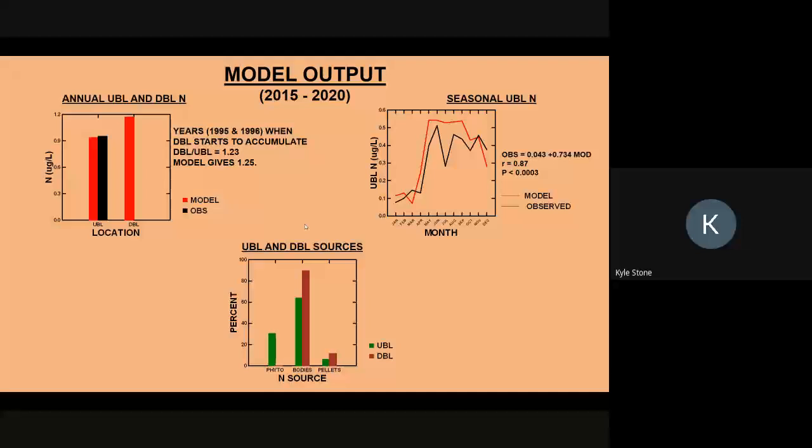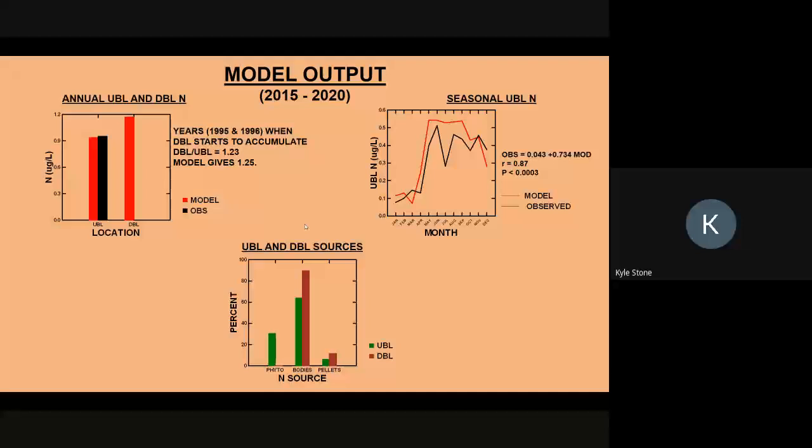Bodies of the shrimp provide about 85%, and fecal pellets are providing about 15%. So the shrimp are the ones that are largely producing the deep brine layer nitrogen. They're sinking down to the bottom, which phytoplankton could not do.